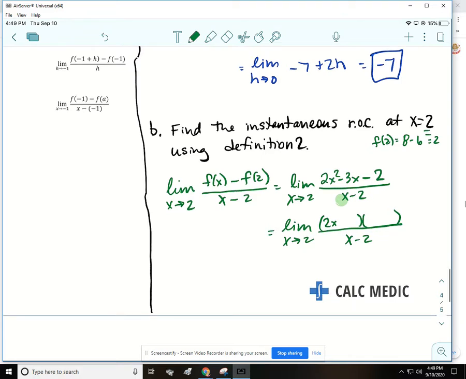And it does. The numerator factors to 2x plus 1 and x minus 2. The x minus 2 does cancel. We get the limit as x approaches 2 of 2x plus 1. And since that denominator canceled, I can go ahead and plug it in. So 2 times 2 plus 1 is going to be 5. So at that point, the slope of the graph is 5.